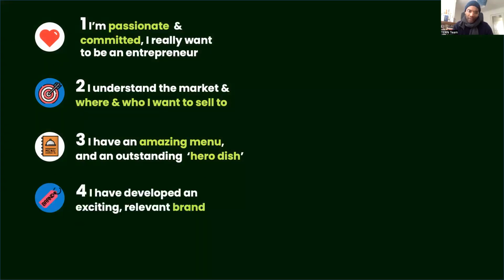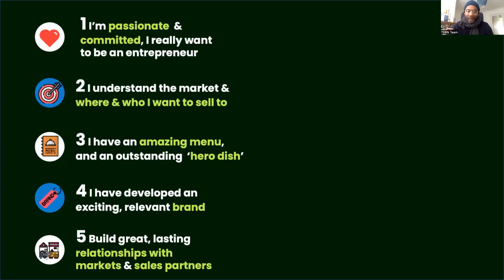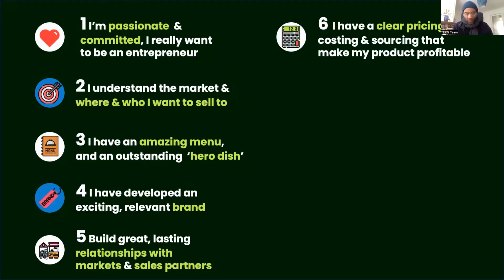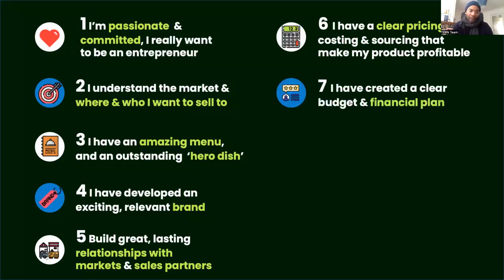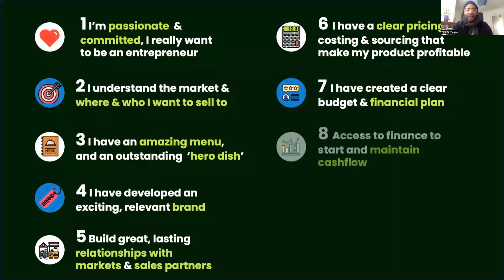You should try to develop a great brand, and build lasting relationships with market and sales partners. You also will need to develop your pricing, sourcing, costing, and process to make sure that your product is profitable. You should have a clear budget and financial plan. And you will definitely, more than definitely, need access to finance as well.